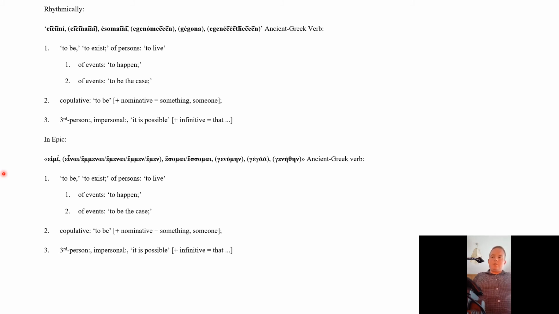This is an ancient Greek verb, and it means to be, to exist, of persons, to live, of events, to happen, of events, to be the case, copulative, to be, plus nominative equals something, someone, third person, impersonal, it is possible, plus infinitive equals that.